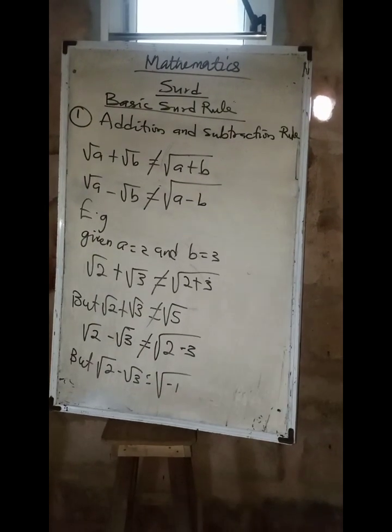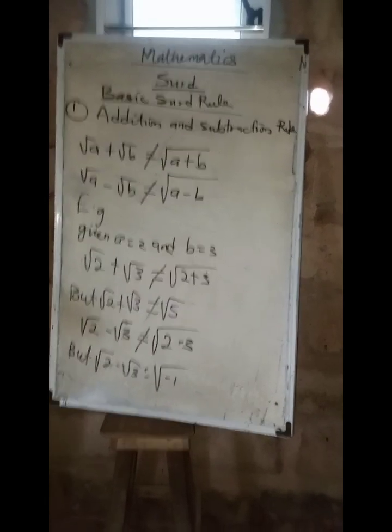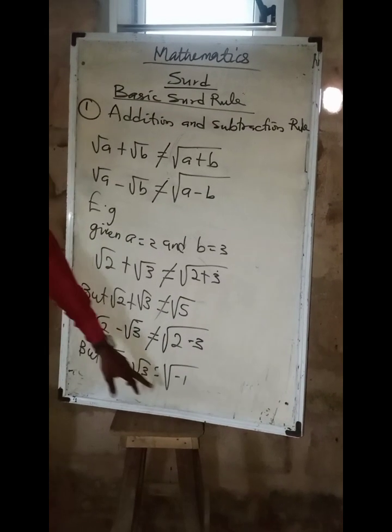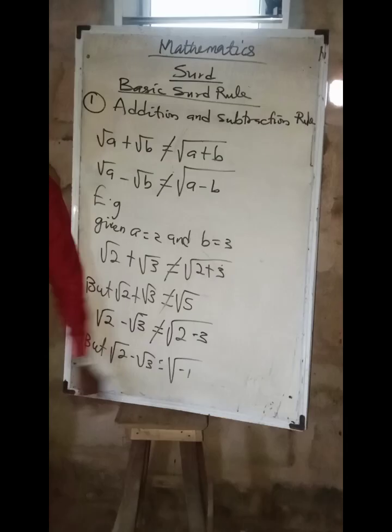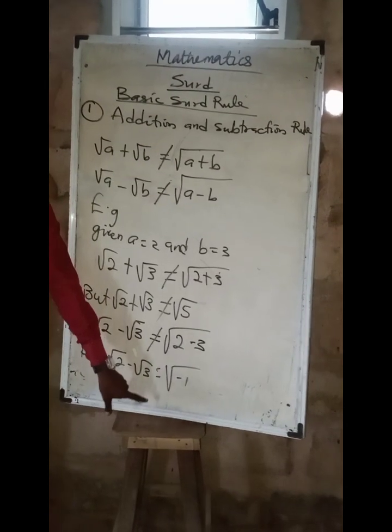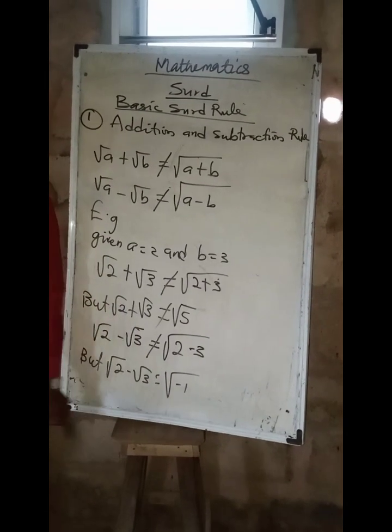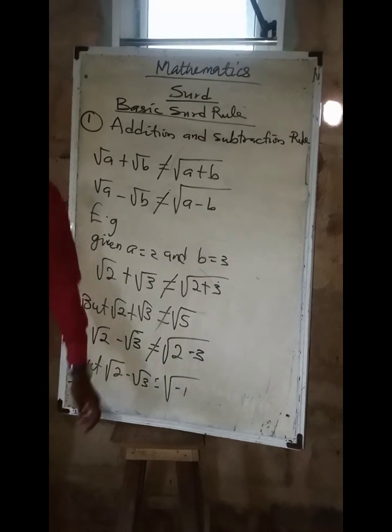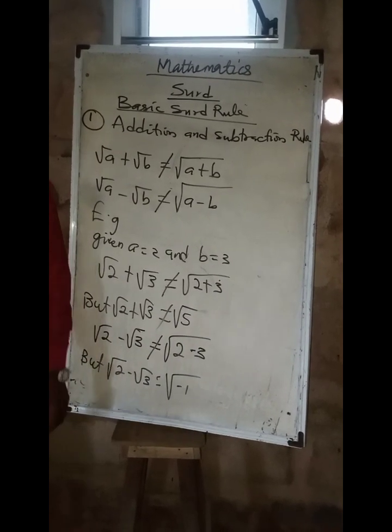Root of minus 1. Those of you that go on to our institutions or further math, they will teach you complex numbers, imaginary numbers. That's when you will discover this. If you press this in your calculator, you are going to have a syntax error. But when you are advanced in mathematics, you can solve this. It will not be an error.